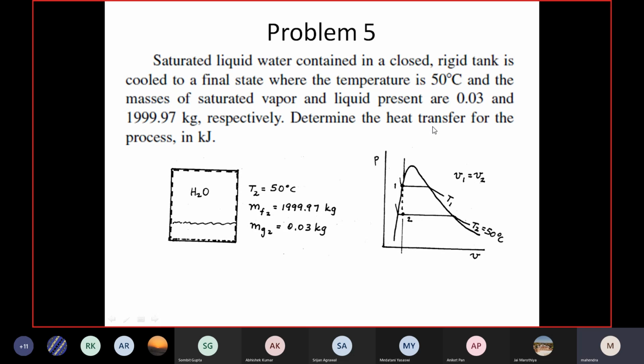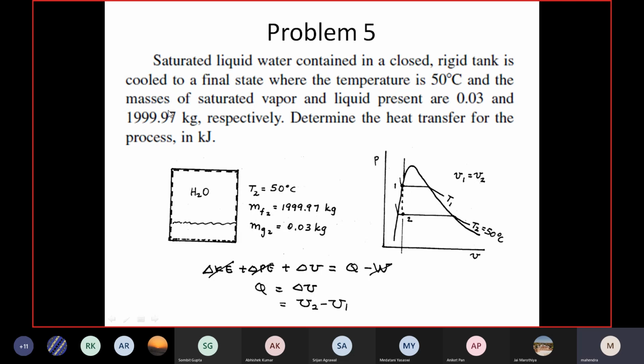So far, we have calculated mixture properties only. Now we are calculating heat transfers also in these two or three problems. This is the first law of thermodynamics, as you know, and many times we have assumed kinetic energy and potential energy are zero in thermodynamics problems.